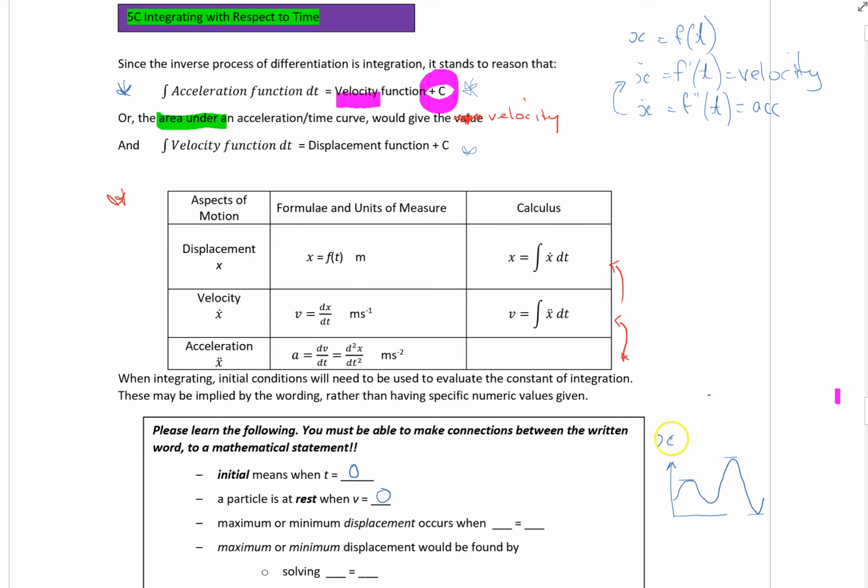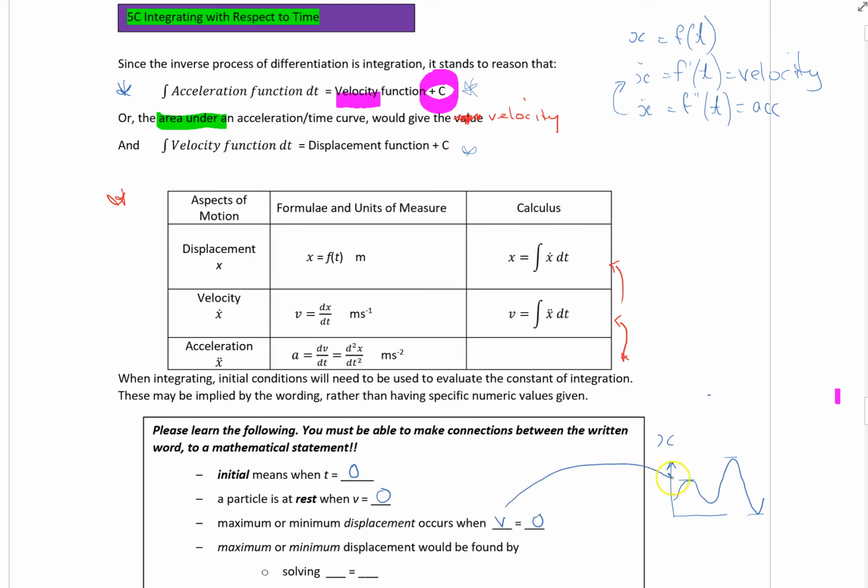Now, once we've got an application of our variable, and in this case it's displacement, we can give another name to our first derivative, and in this case it's going to be velocity. So we'll know that we've got maximum or minimum displacement when our actual velocity is equal to 0.